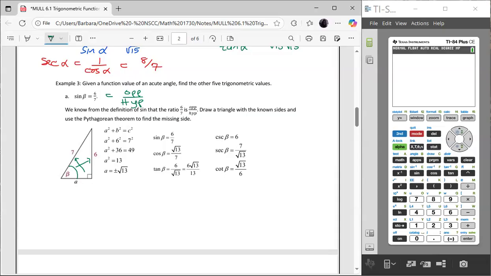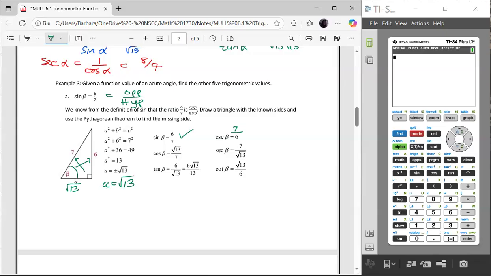Then A is plus or minus square root of 13. Because it's distance, we see that A has to take on just the positive square root of 13. And now we can find the other trigonometric functions now that we have all 3 sides. So we already have the sine of beta given. The reciprocal function cosecant of beta is 7 over 6.